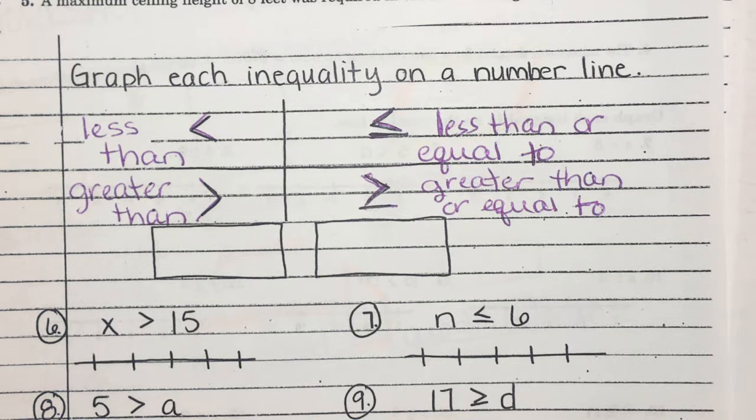When we graph things on a number line, they usually need a dot, and then usually something shoots off with an arrow, okay? Listen, the dot, though, is going to be weird on this. The dot is either going to be an open dot or a closed dot. So let me show you.